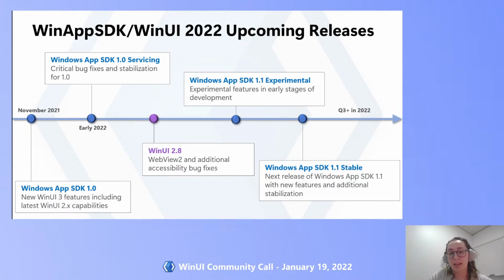We'll also add in a release for WinUI 2, which is WinUI 2.8, which will include WebView 2 and additional accessibility bug fixes. We'll also have an experimental Windows App SDK 1.1 and a stable Windows App SDK 1.1 with additional new features, and some of these new features will be new to WinUI. We're also thinking about having a Windows App SDK 1.2 in Q3 of 2022.